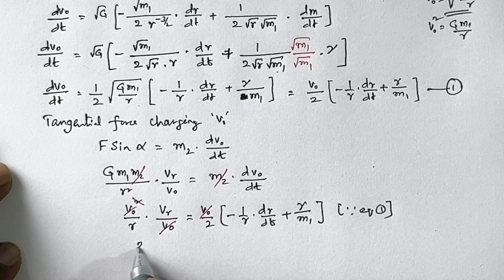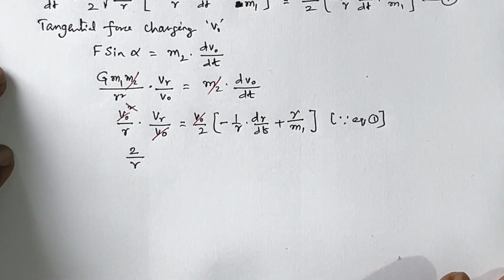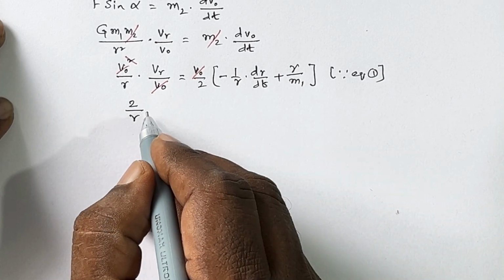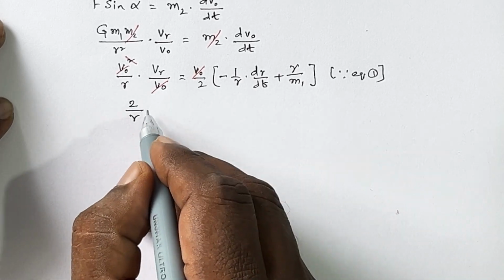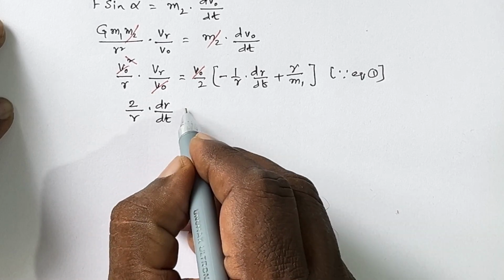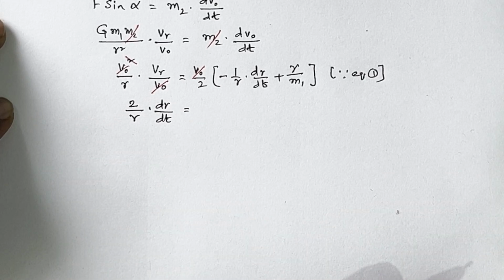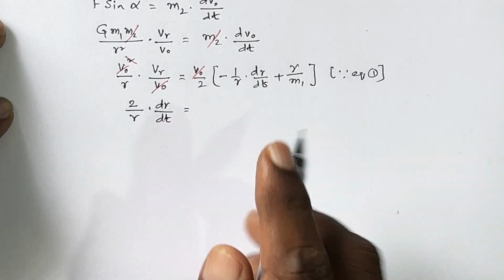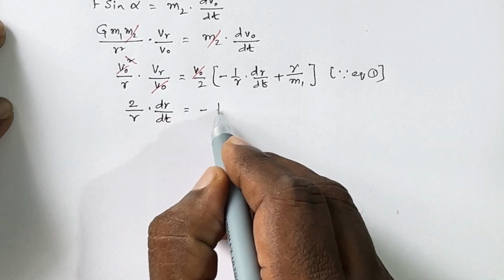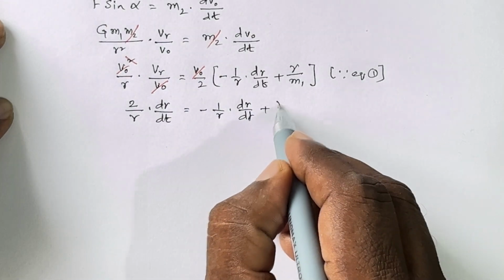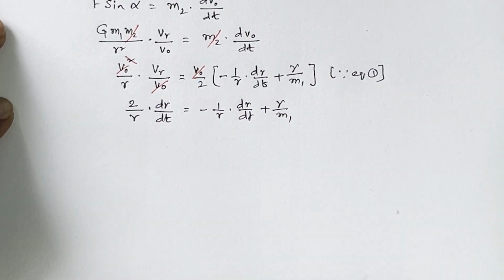Then 2 by r, Vr. Vr means radial velocity, radial distance by time, that is dr by dt, equal to minus 1 by r dr by dt plus gamma by m1.